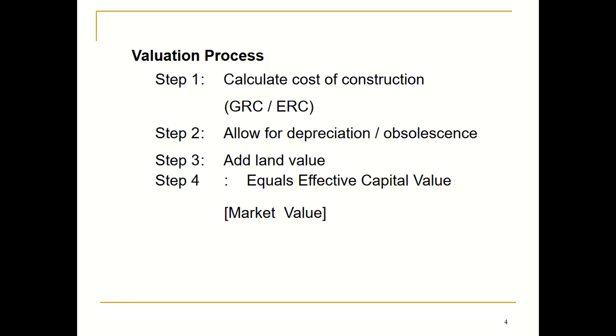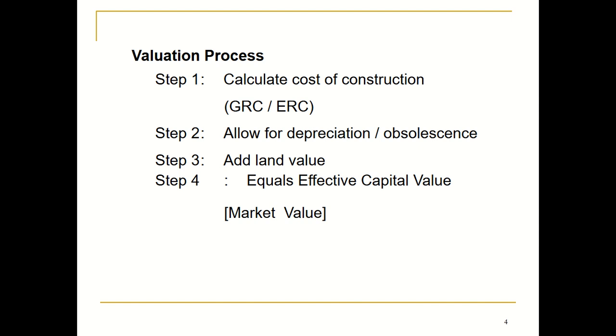Then we have the valuation process. We need to know the valuation process of the cost method. Usually the valuation process is the same as the previous valuation process of the comparison method. So we need to calculate the cost of construction. Usually we get the gross construction cost, and usually we take a lump sum only.